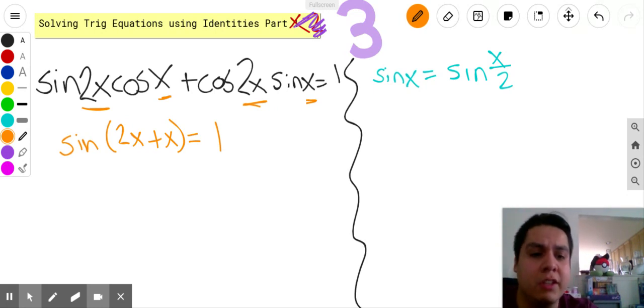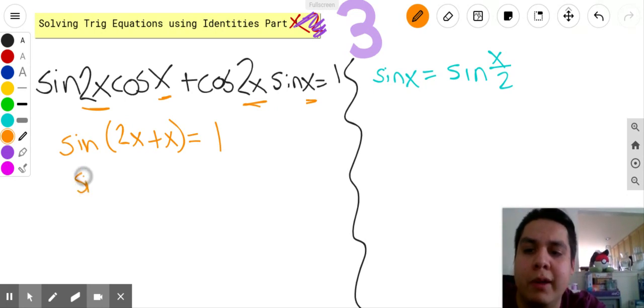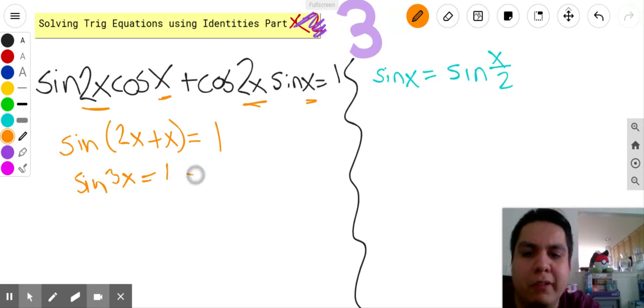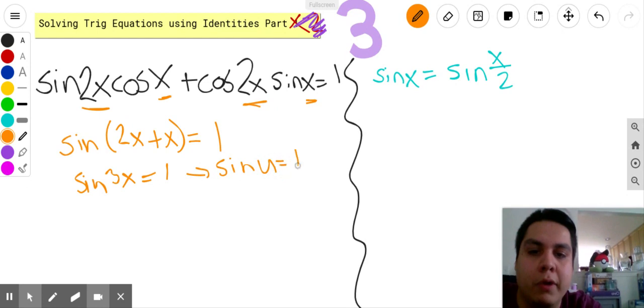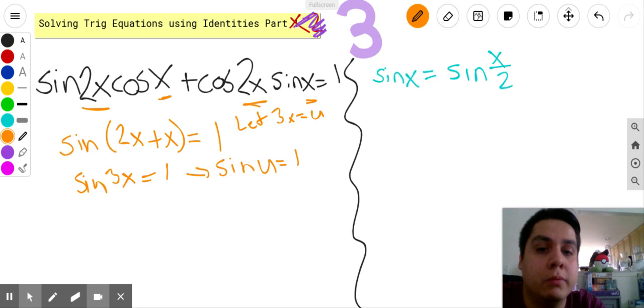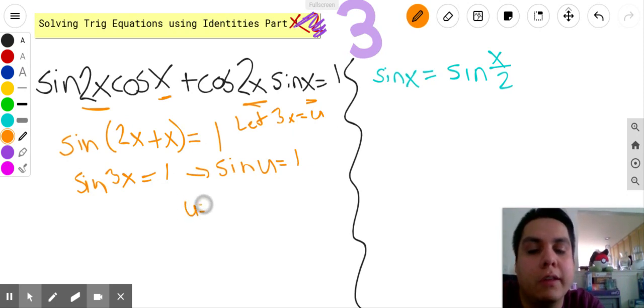And I condense it because now this question is just, all right, when is sine of 3x going to equal 1? Which is really trying to get me to think about when sine of u would equal 1 if I let 3x equal u. So I know sine of u is equal to 1 when u is pi over 2 plus 2n pi.